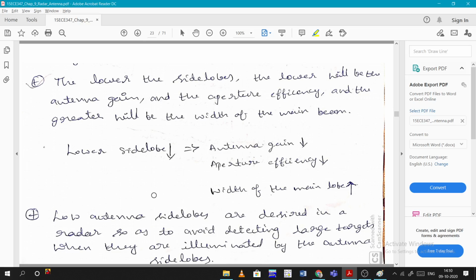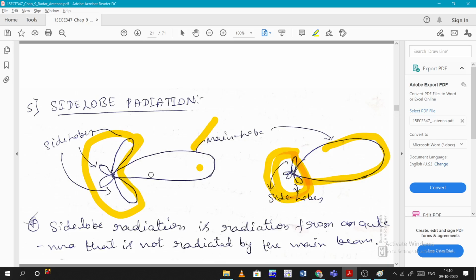We can relate the size of the main lobe and the side lobes. If a side lobe hits a target and the echo signal is received, it will also be detected. So our aim is to minimize the side lobes as much as possible.